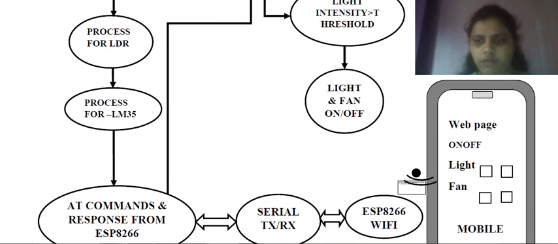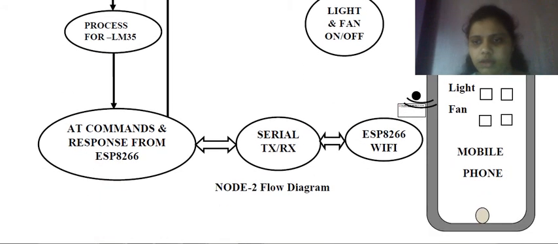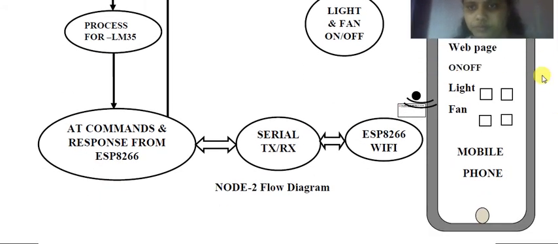In that web page we have provided two buttons for light on and off, and two buttons for fan on and off. So we can also control this using our web page, that is a mobile app, on our mobile phone.